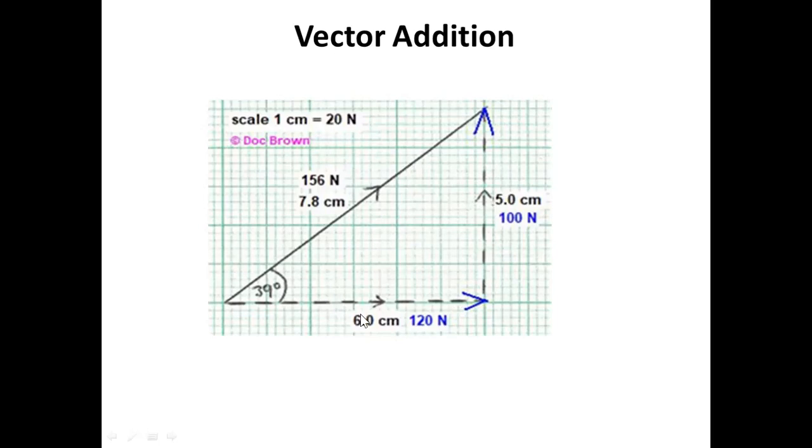If we are going to determine the resultant, which is not given in the problem and is the unknown we need to solve, we can use our rulers to get the resultant of this vector.